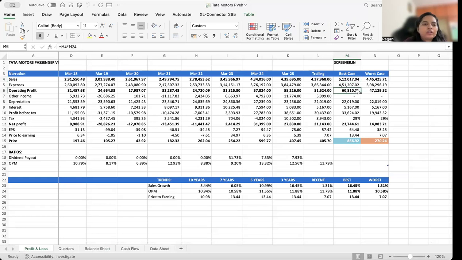After that I calculated the operating profit for best case, multiply M24.